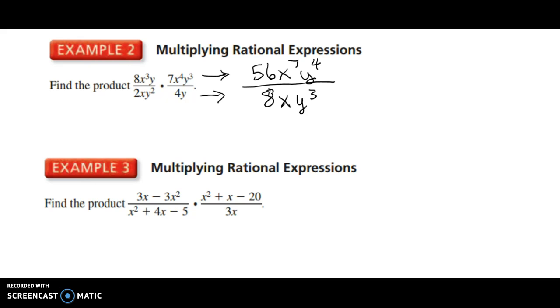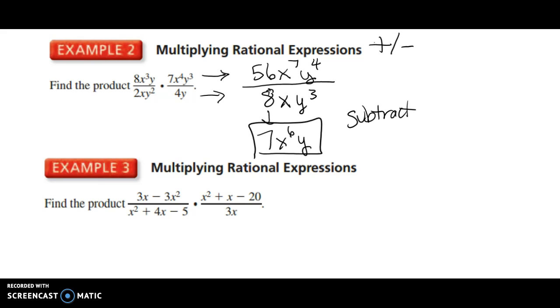Now, when you have a monomial over a monomial, notice there are no pluses or minuses. You can just simply divide each. 56 divided by 8 is 7. X to the 7th divided by x is x to the 6th. Y to the 4th divided by y cubed is y. How did I get that? You subtract exponents when you divide.